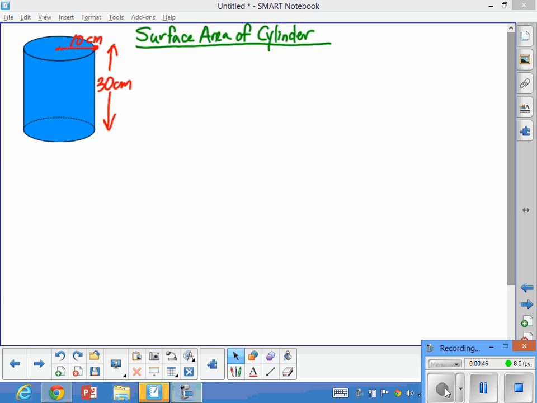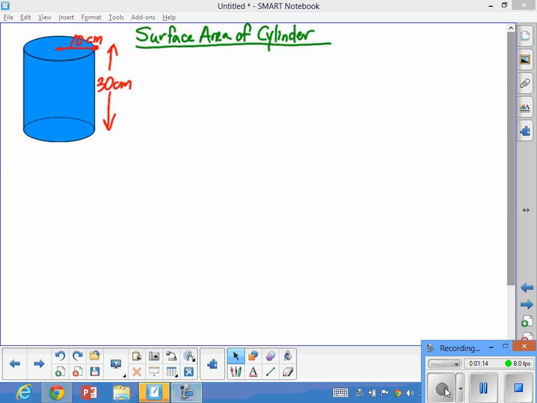So we have here a cylinder with a height of 30 centimeters, and the top and bottom circles, or bases, have a radius of 10 centimeters. What I would recommend before you get into the calculation portion is to create a net of this 3D shape, to open it up to see what shapes make up a cylinder.